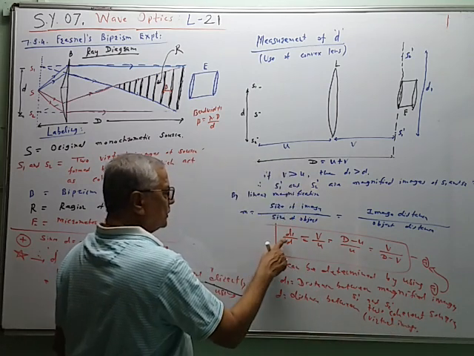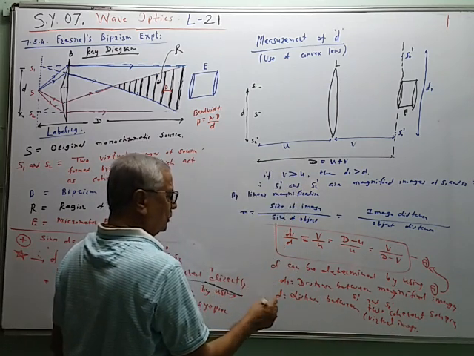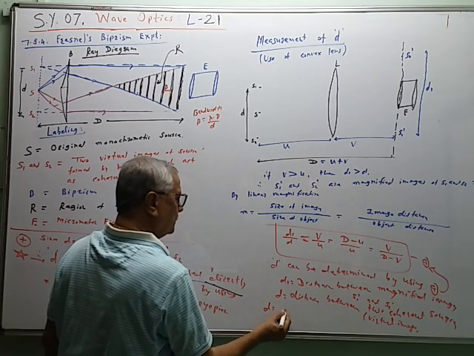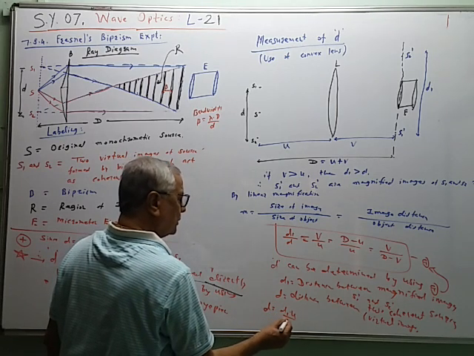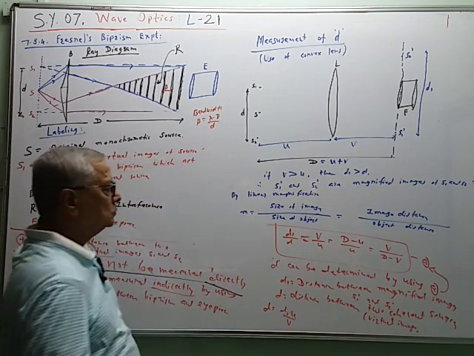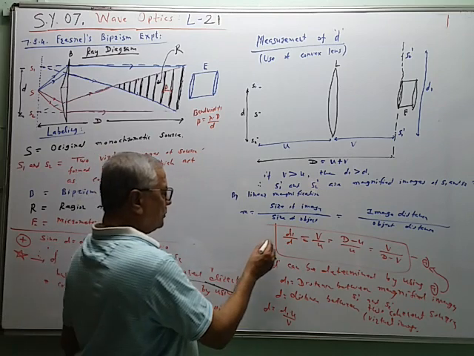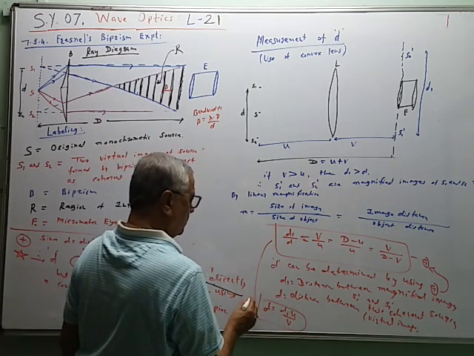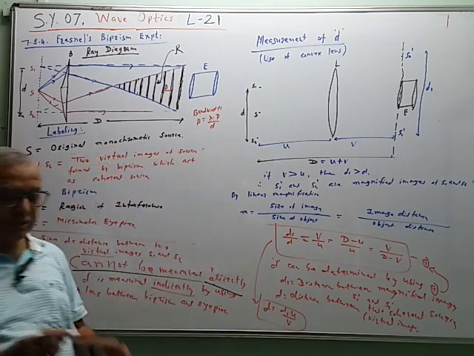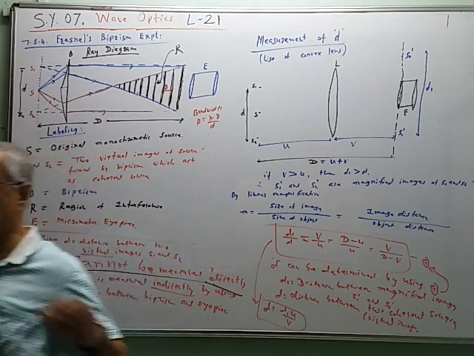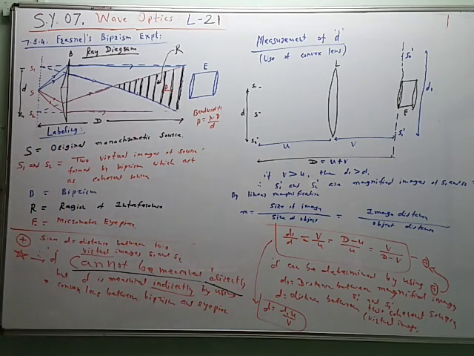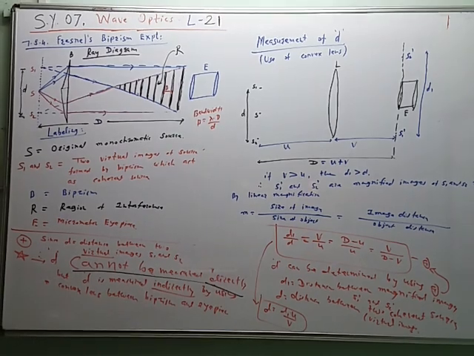So d can be measured like this: d is equal to d1 into u upon v. So the measurement of d can be done indirectly by this method, by using a convex lens between the slit and the eyepiece. So this is the practical method for measurement of small d.